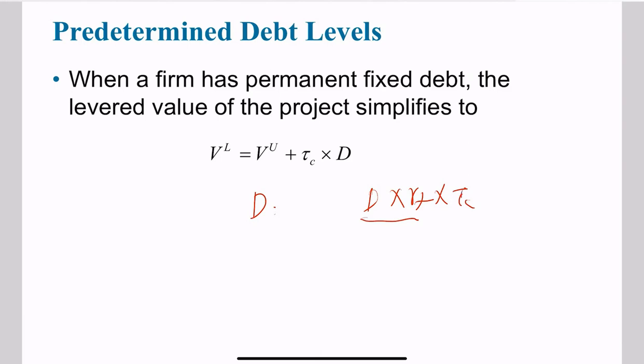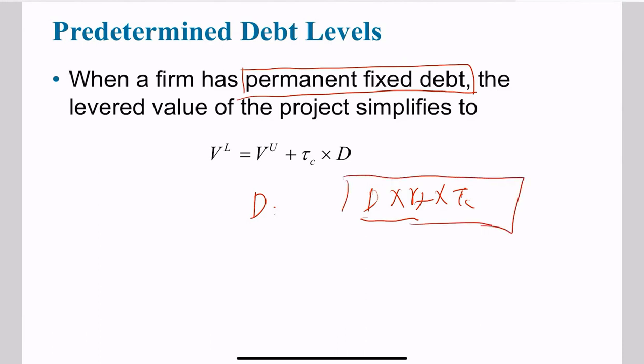And if the firm has permanent debt, it means the firm will get this interest tax shield forever. So to value this, it's essentially a perpetuity. We will discount this at the debt cost of capital, which is RF. So this gives us D times tau C.